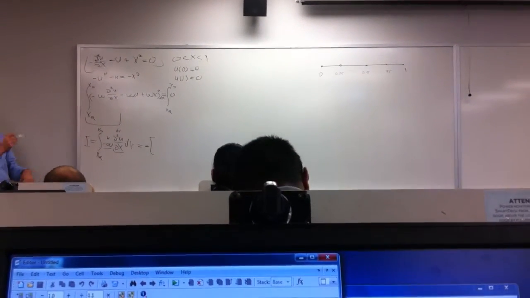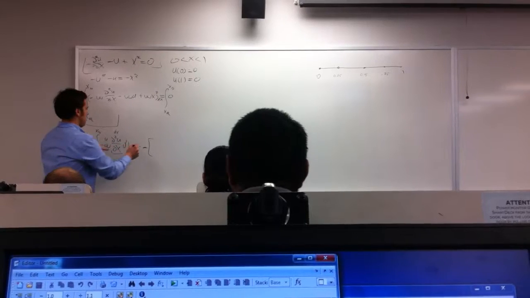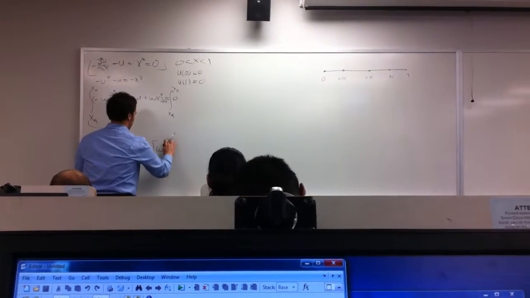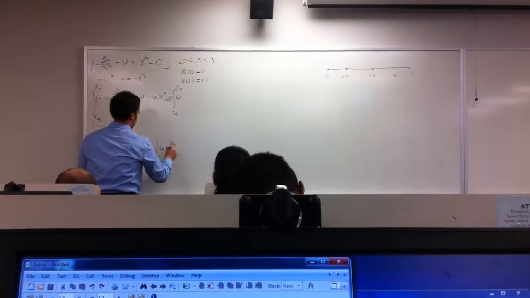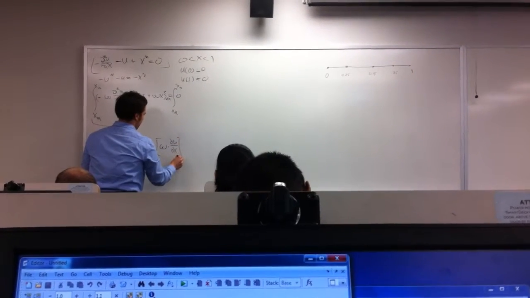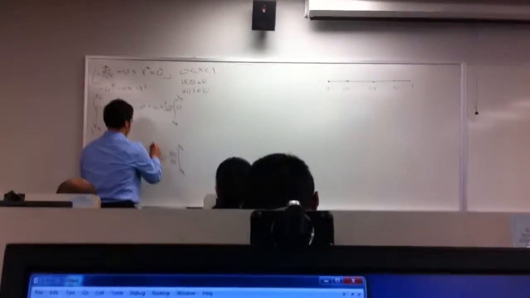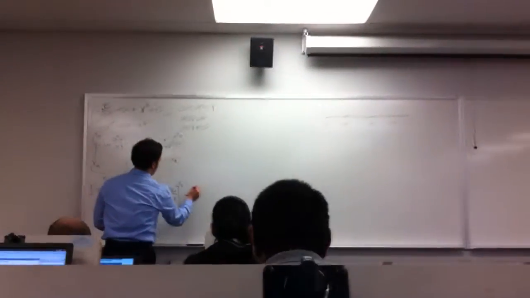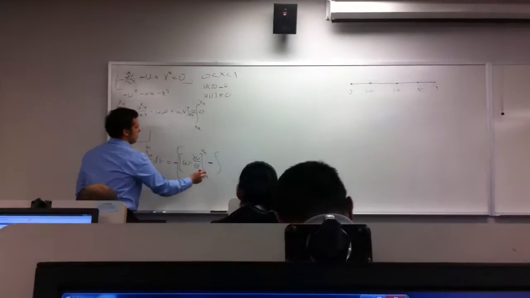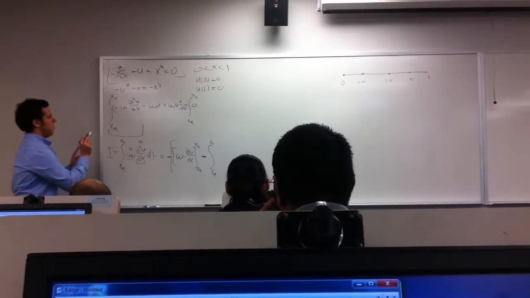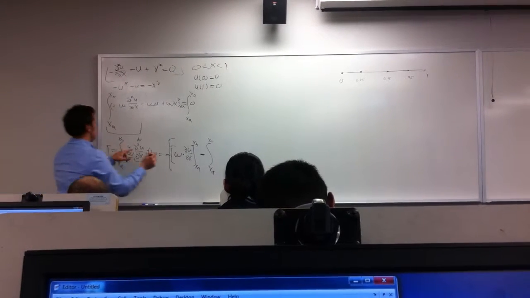The rule is uv minus the integral of v du, so that becomes w times this, times du dx, minus the integral from a to b of v du.